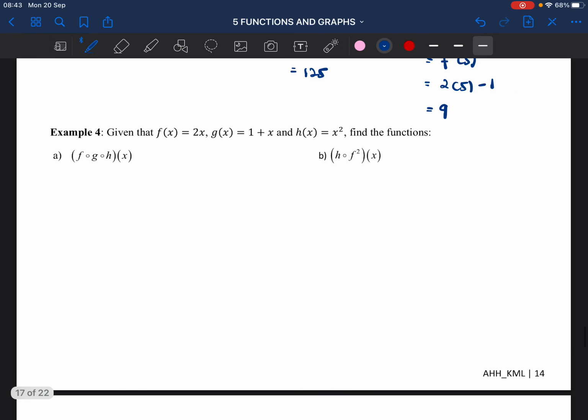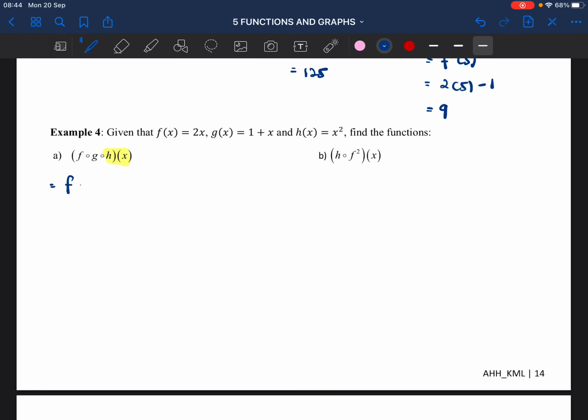Okay, let's see example 4. Let's see if the question gives us 3 functions. The same thing like we did before, just make sure you work from behind. So now you have function f, function g, function h. We are going to work on function h(x) first.